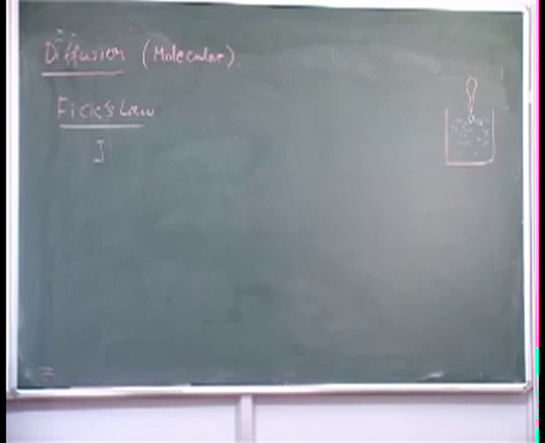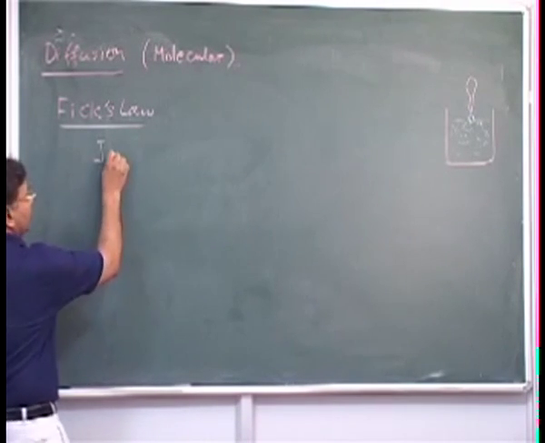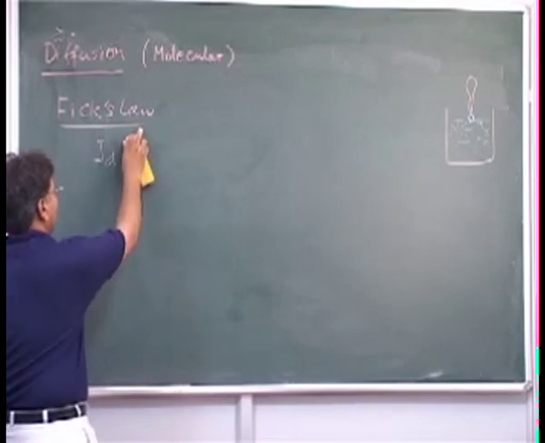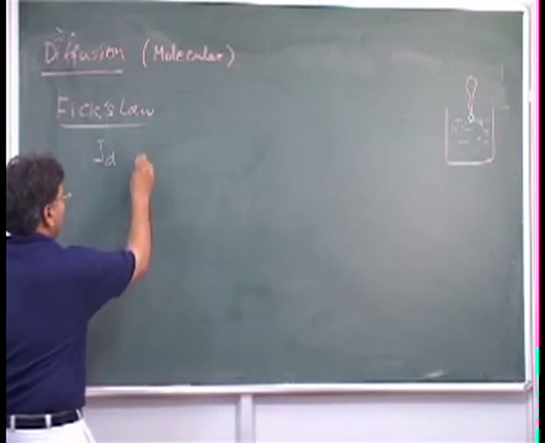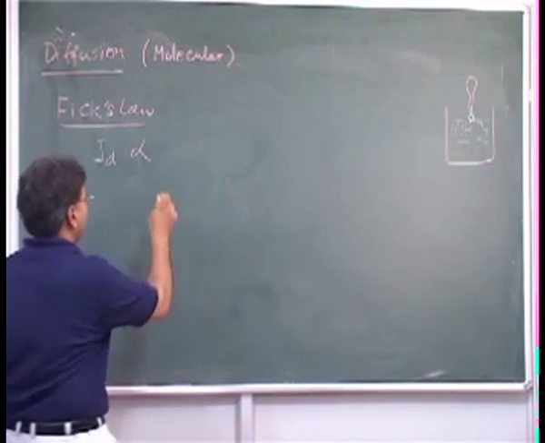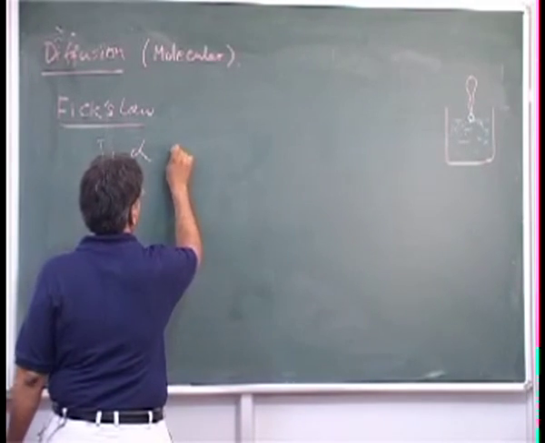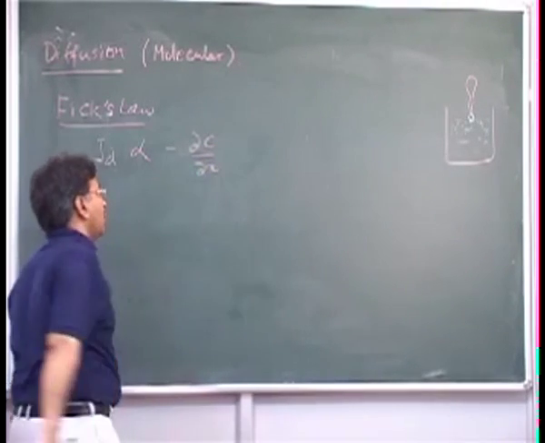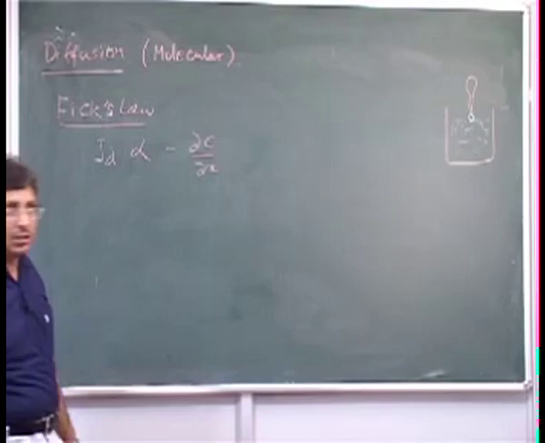A, that was advection. For diffusion, let's call this G. And the flux, with time it is reducing, so it is proportional to minus the concentration gradient. That's Fick's law.